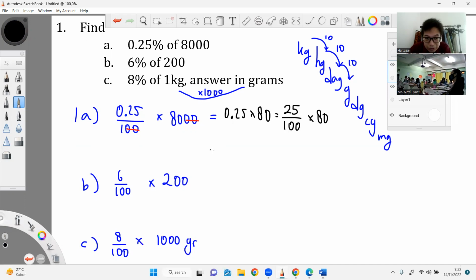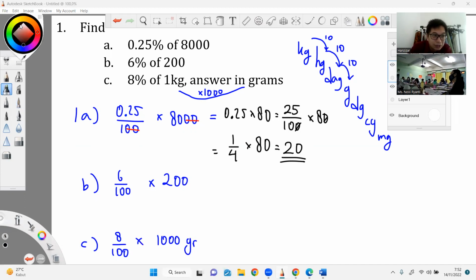Or if you can do it fast, 0.25 is actually 1 over 4. Both of them are okay. In my opinion, you need to change 0.25 to 1 over 4. That's better, because 25 over 100 can be simplified further to 1 over 4.